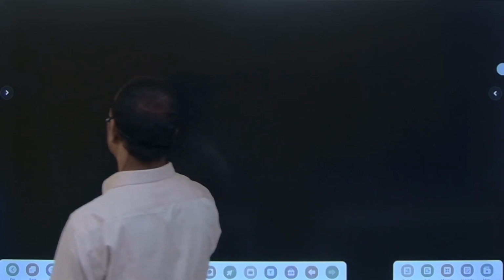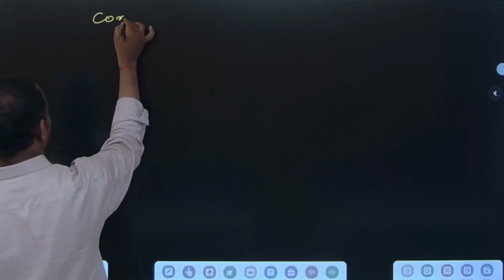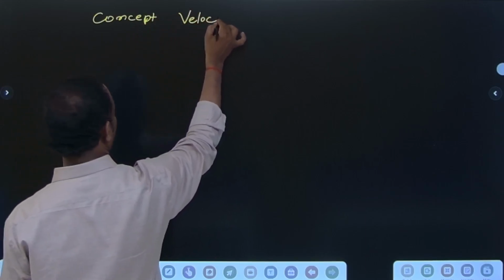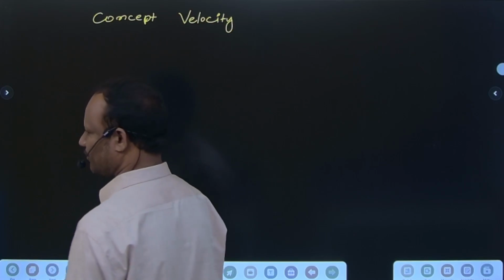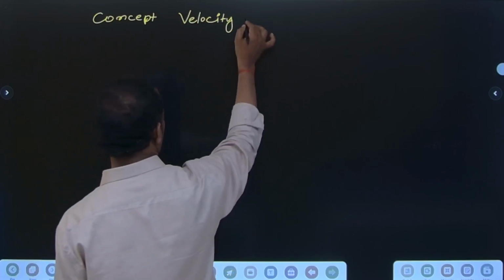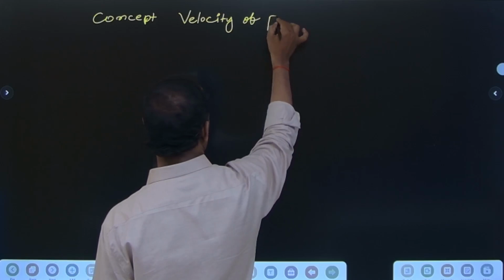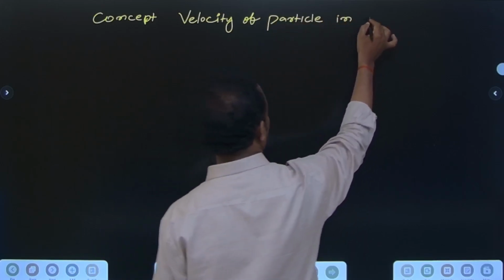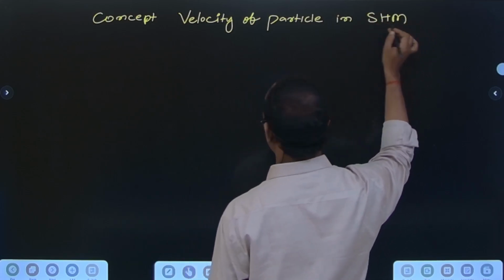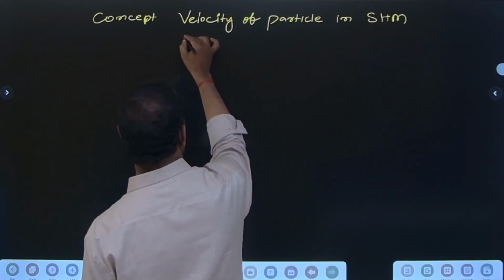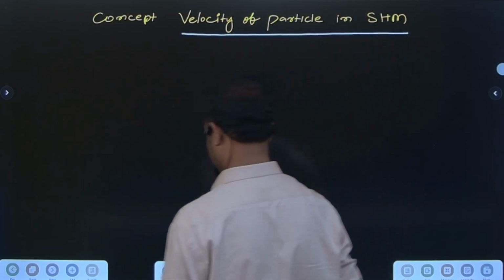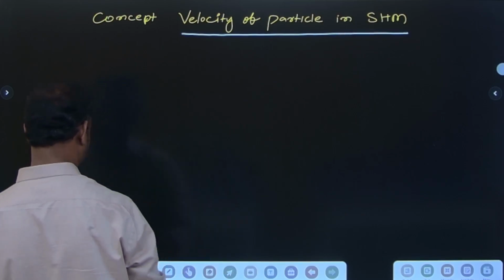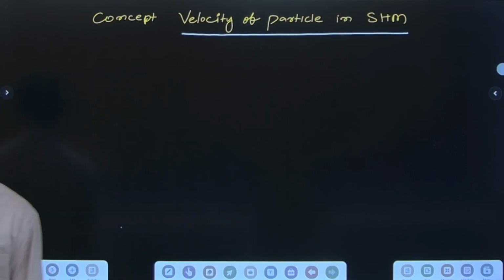Next one, concept of velocity. Concept of velocity of particle in SHM.